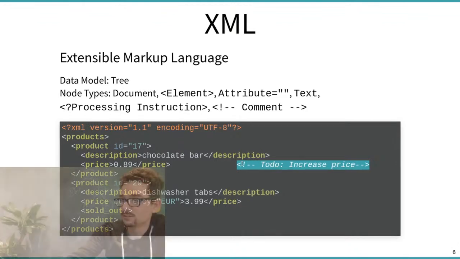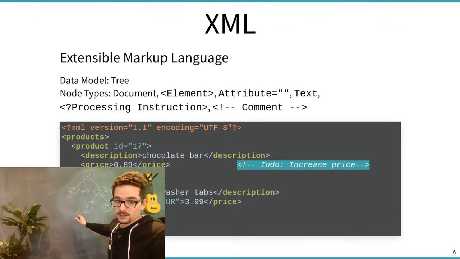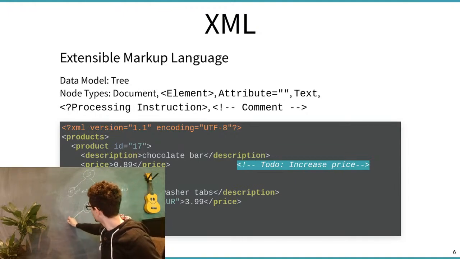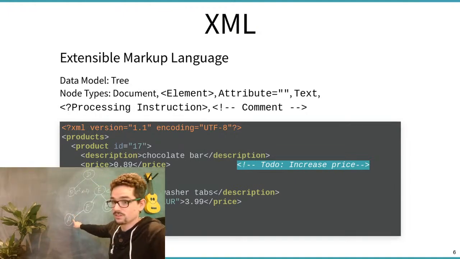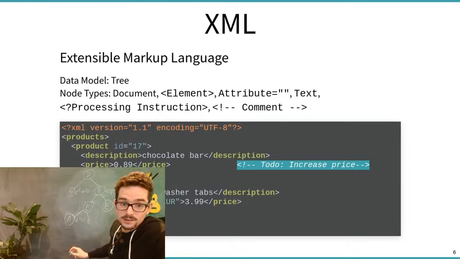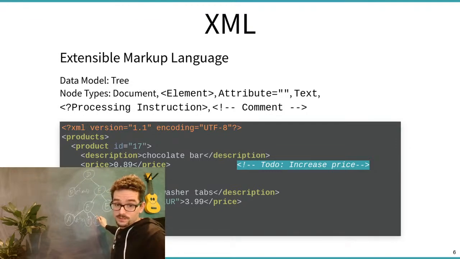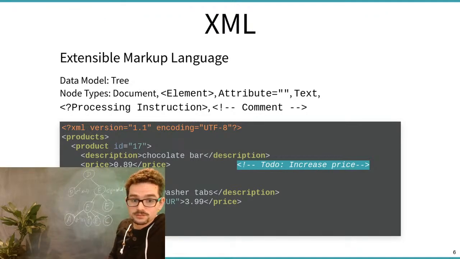So let me try to write everything down, at least for this one child here. It has an attribute, the ID is 17. It has an element, description. It has another element, price, and it has a comment.